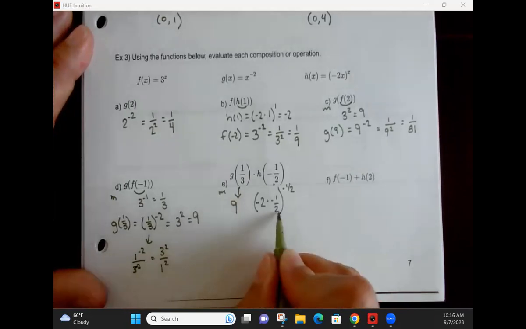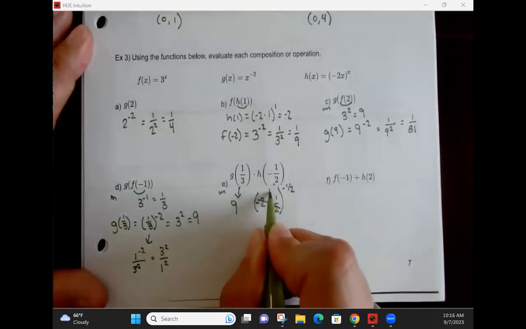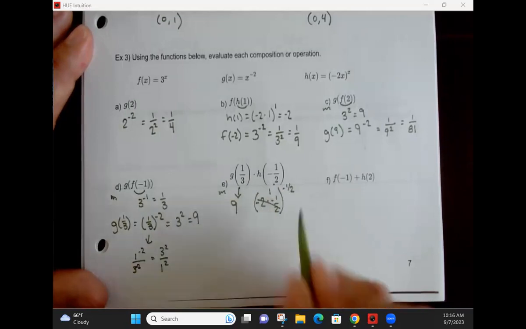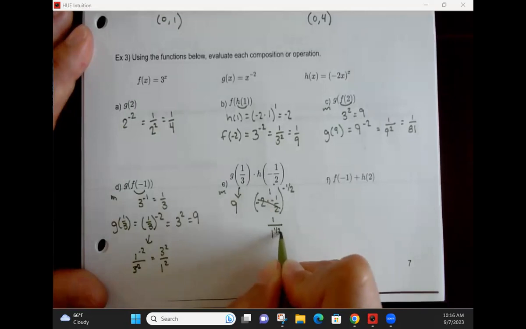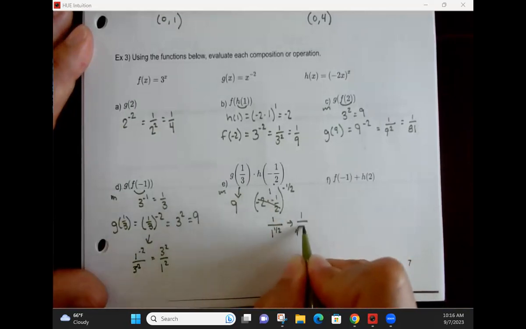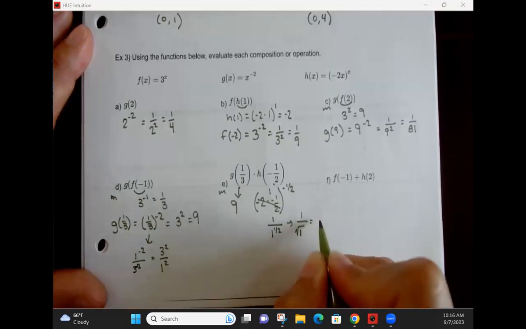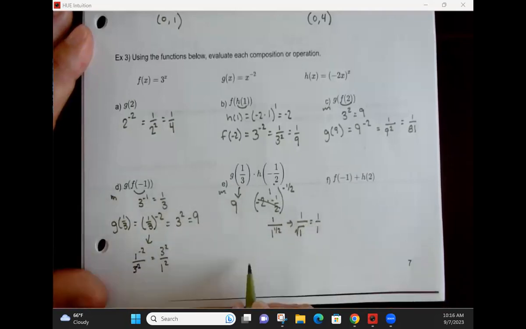In parentheses here, this would be 1. 1 to the -1/2 means I'm going to take the reciprocal, and I get 1 over 1 to the 1/2. And then this would be 1 over the square root of 1. And the square root of 1 is just 1. So I've got 9 times 1, which is 9. Questions on E, particularly how I got the 1?